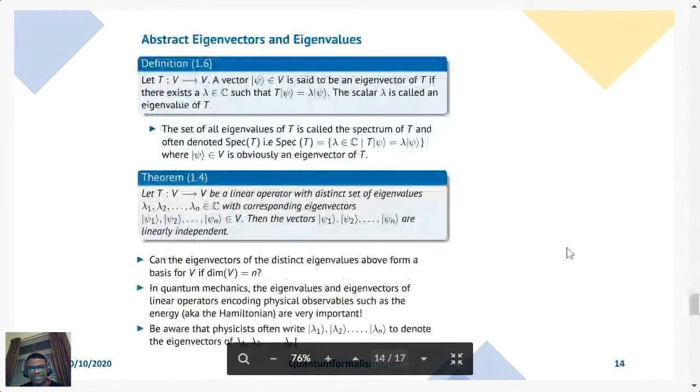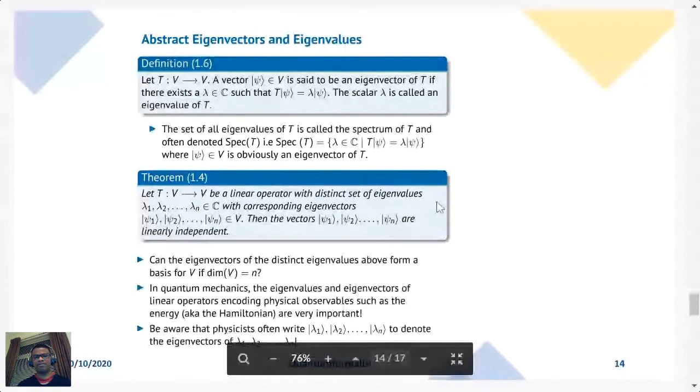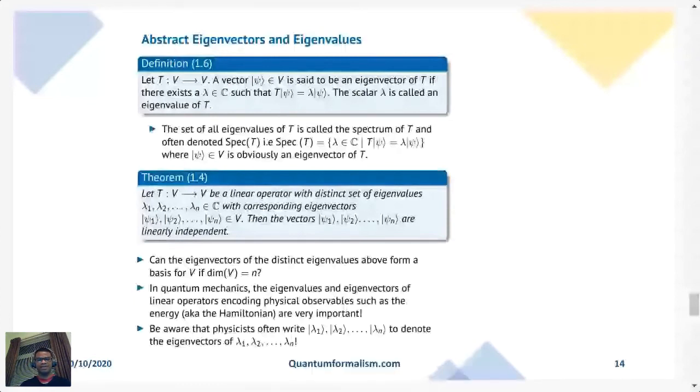Now it brings me to the section on eigenvectors and eigenvalues. The reason I'm defining it in general terms is that we won't do much with it here, because in actual practice we will work with it after we've gone through the concept of Hilbert spaces. Of course, we can argue that Cn is already a Hilbert space under the hood, but we are not dressing Cn in the Hilbert space costume yet.